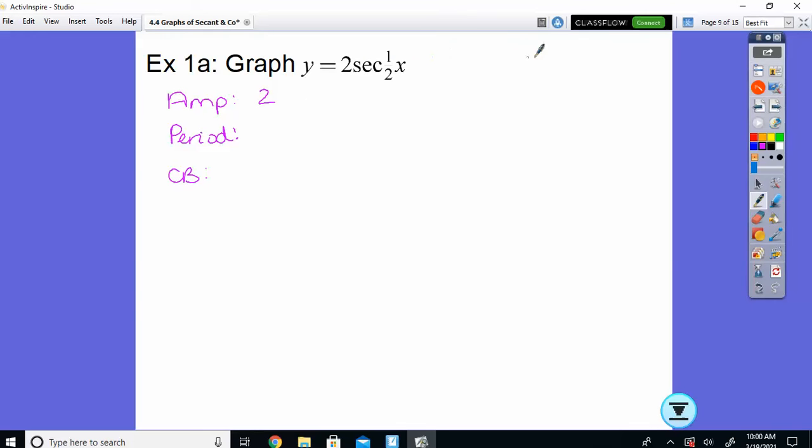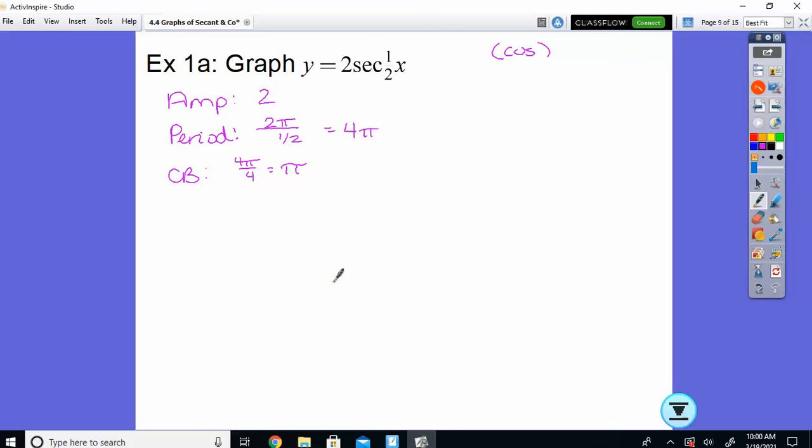When I see secant, I'm thinking about cosine. Normal period for cosine is 2 pi. Tangent and cotangent, you do a pi, but everything else you do a 2 pi, divided by the number in front of x, which is a half. I get a 4 pi. Count by period divided by 4 is pi.